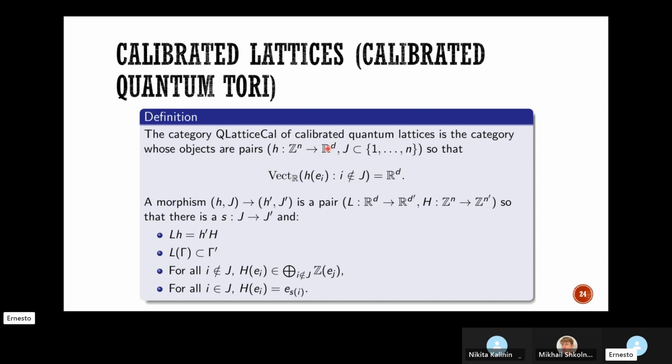This dense set in R^D will be gamma. So I want L(gamma) to be inside gamma prime.